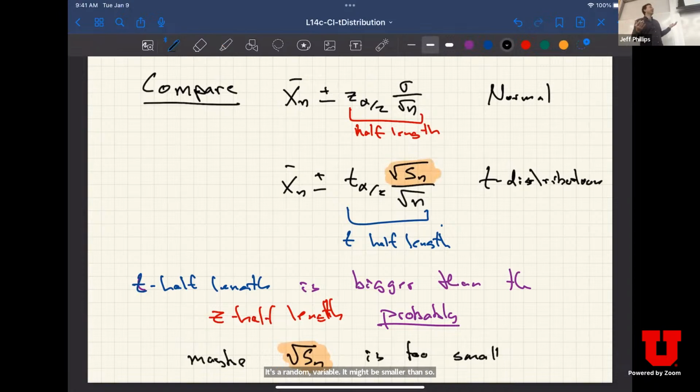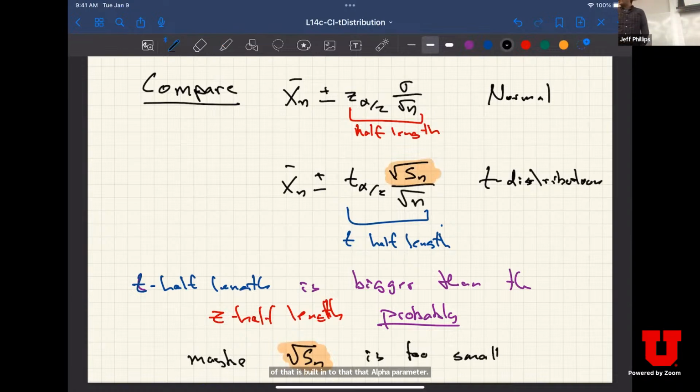There's some chance it's smaller. When it's smaller, the half length of the t distribution will actually be smaller, and you'll be more confident than you should be. But that is played out. The chance of that is built into that alpha parameter.